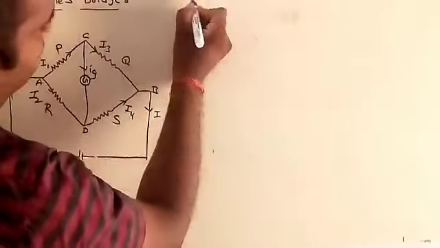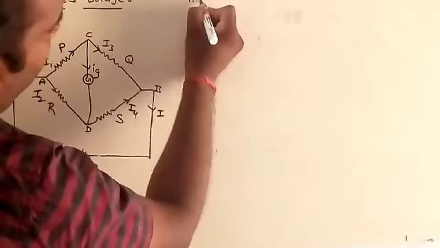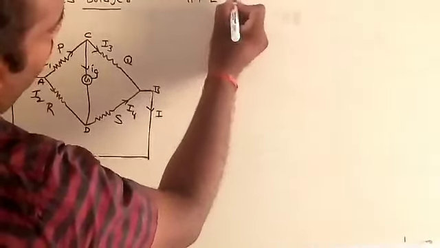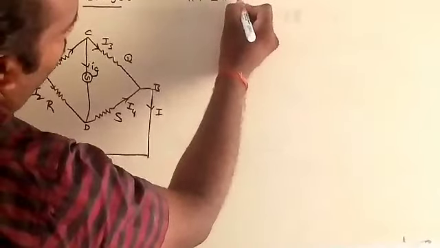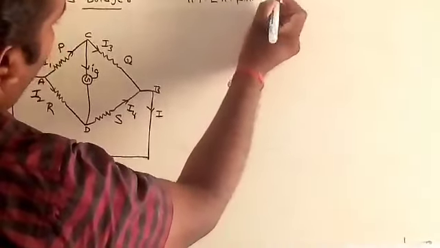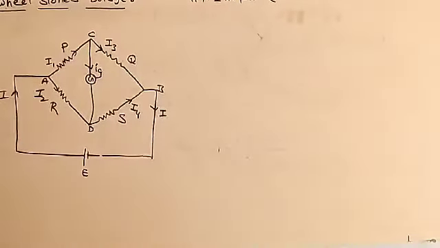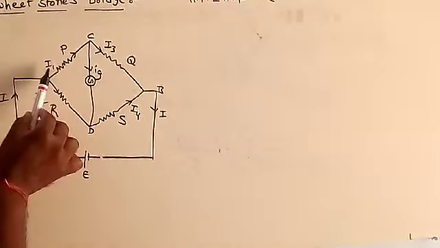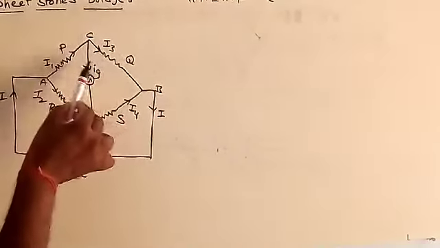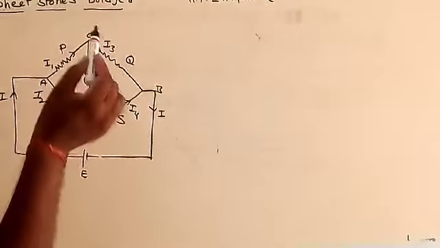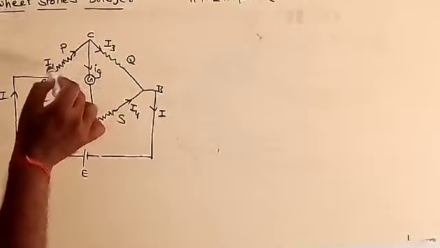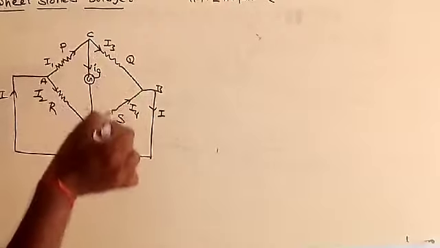Now, I am applying Kirchhoff's first law at point C. At point C, I1 current is entering, and I3 and IG currents are both leaving.